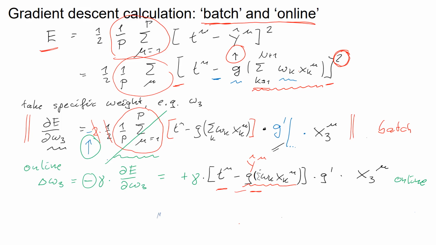And then I have another factor g prime. Let's write this as just some scalar. So g prime is just a number, it's a scalar. t is the output value, it's a scalar. y hat mu is the output of the actual neuron, is a scalar. So this gives delta mu. And then I have an update.